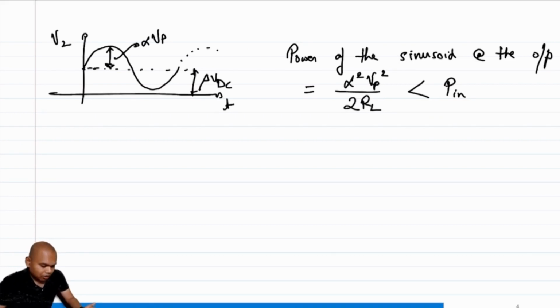So what is the conclusion of this entire exercise? The conclusion is that in order to get a power amplification, it is not sufficient to have an additional power source in the network.